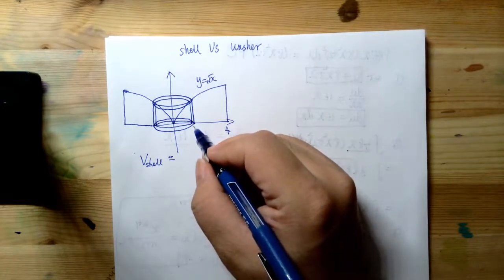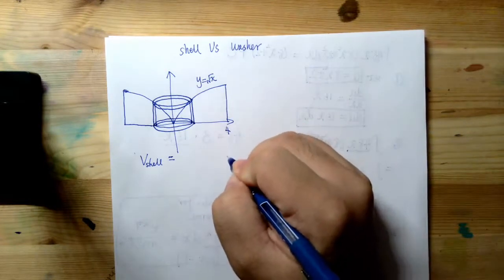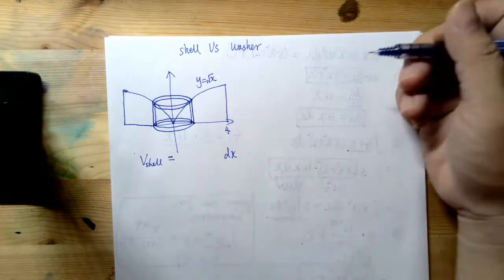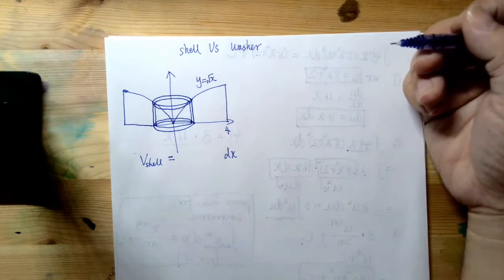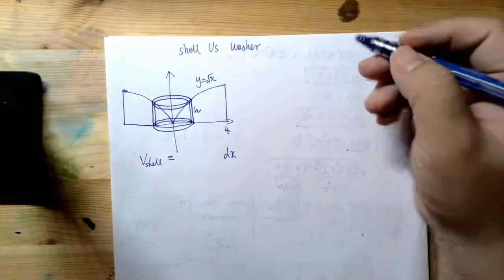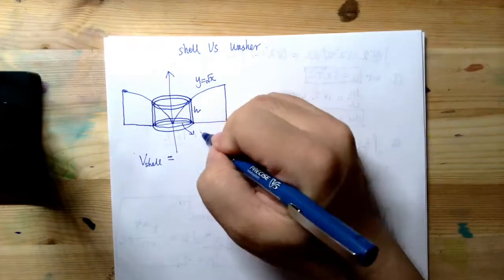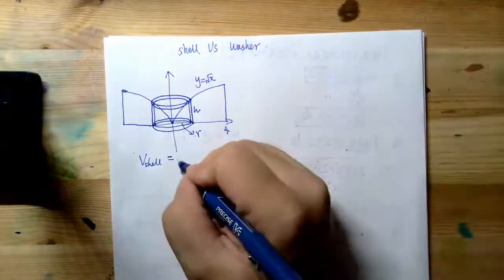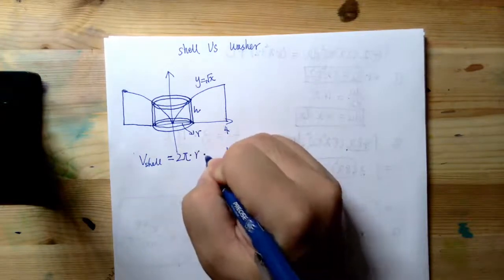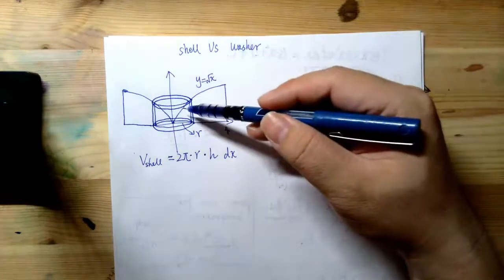Anytime we're constructing this shell, the thickness of that shell is always dx. It's a small increment for the shell here, and then the height, and the radius, which is this part here. So the volume of this single shell is 2 pi times r times the height. Why is this true?